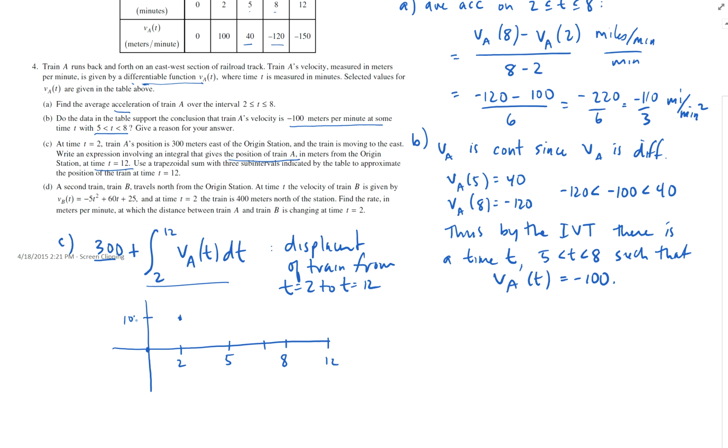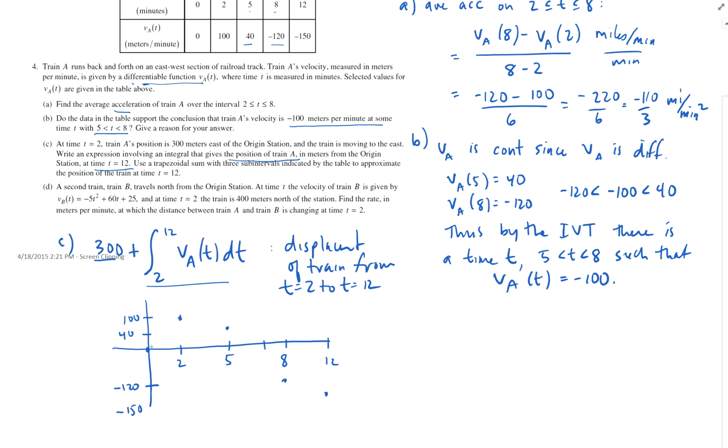Just make sure you mark everything, otherwise it's easy to mess up. 40. 8 is negative 120. And 12 is negative 150.